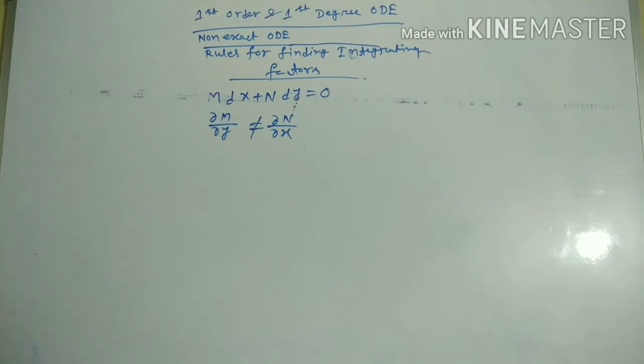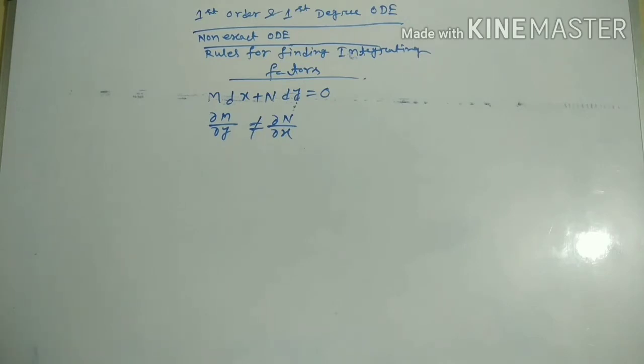Now, there is no direct procedure to solve a non-exact ODE. We have to first convert the non-exact ODE into an exact ODE, and then we solve that exact ODE following the procedure of solving exact ODE. So our main target will be to convert a non-exact ODE into an exact ODE.